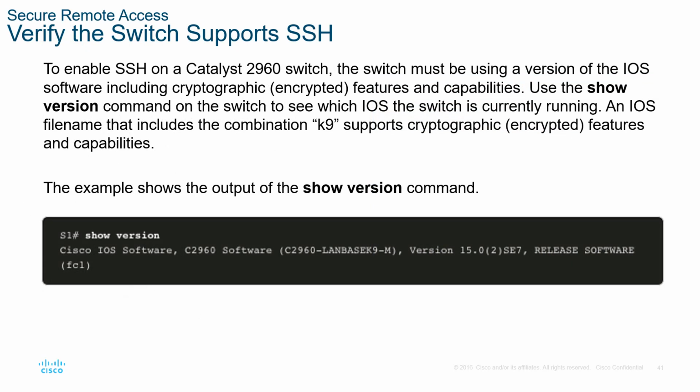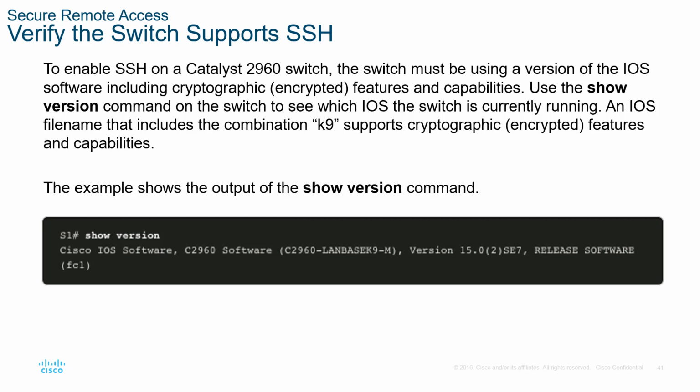So how do we make sure that our switch is able to handle certain commands? Well, first we have to make sure what version of IOS we're running. So if you're on a switch and you do show version, you can actually see what version of software we're running. Here we're running the C2660 LAN-based K9-M license, version number 1502-SE7.